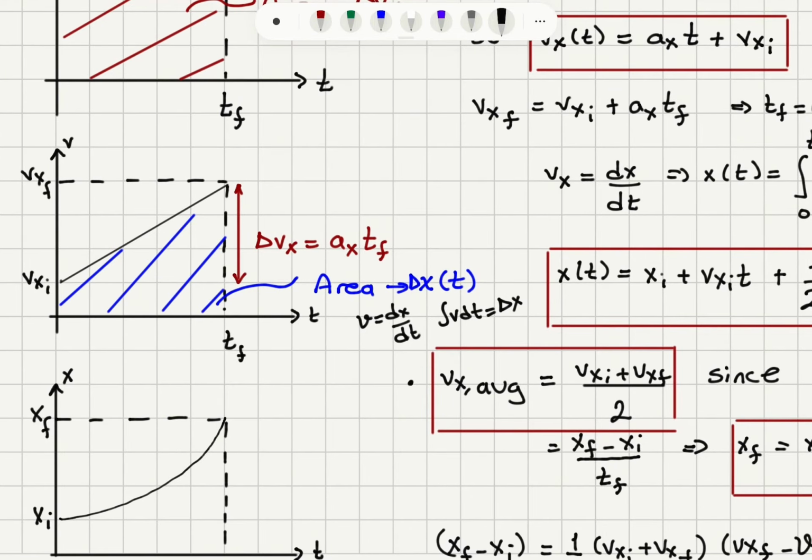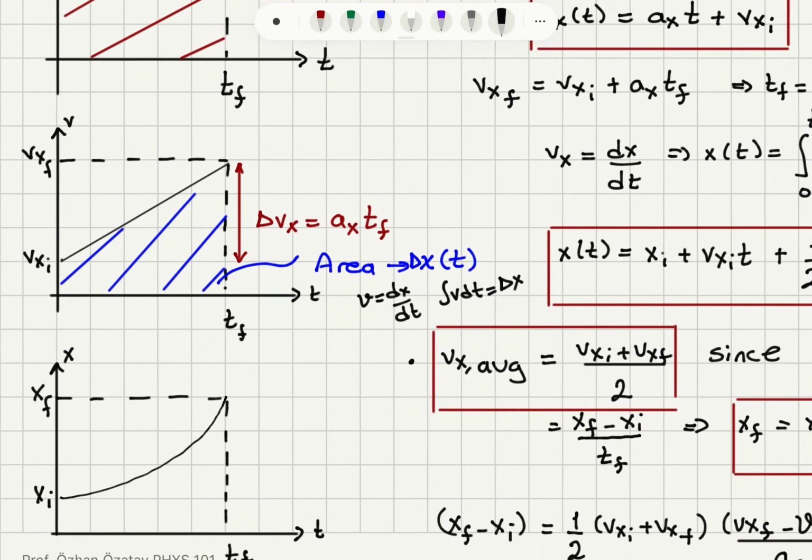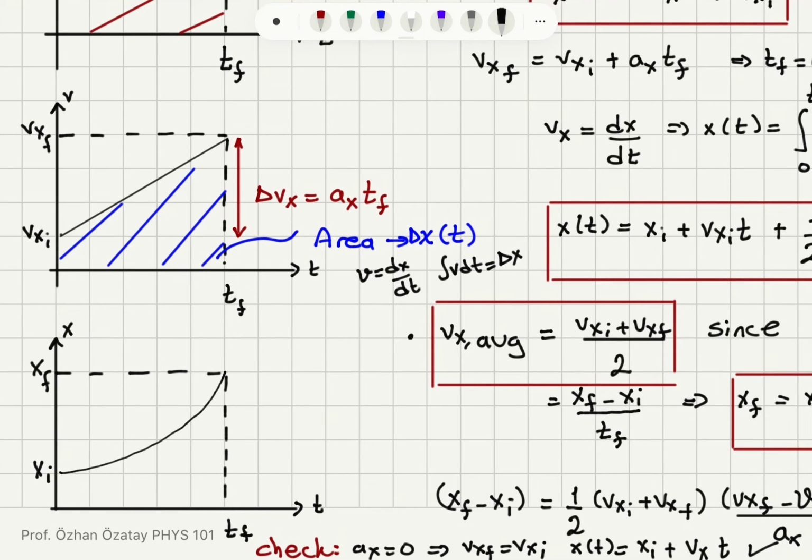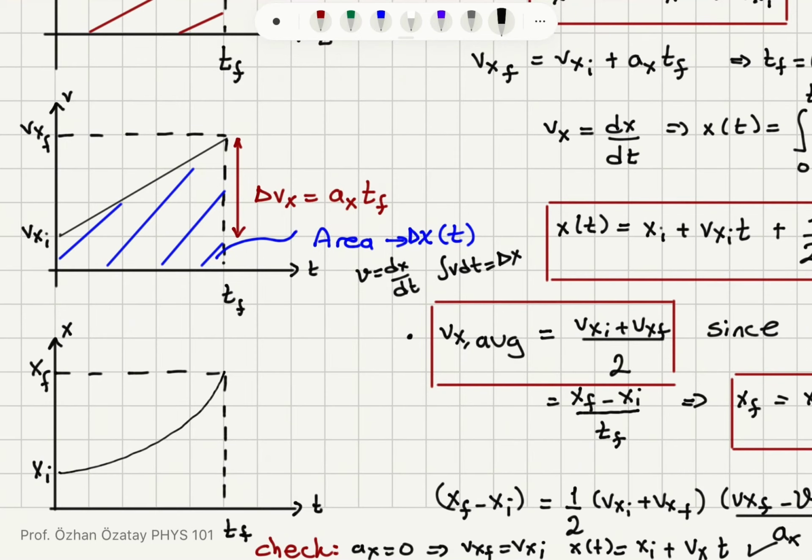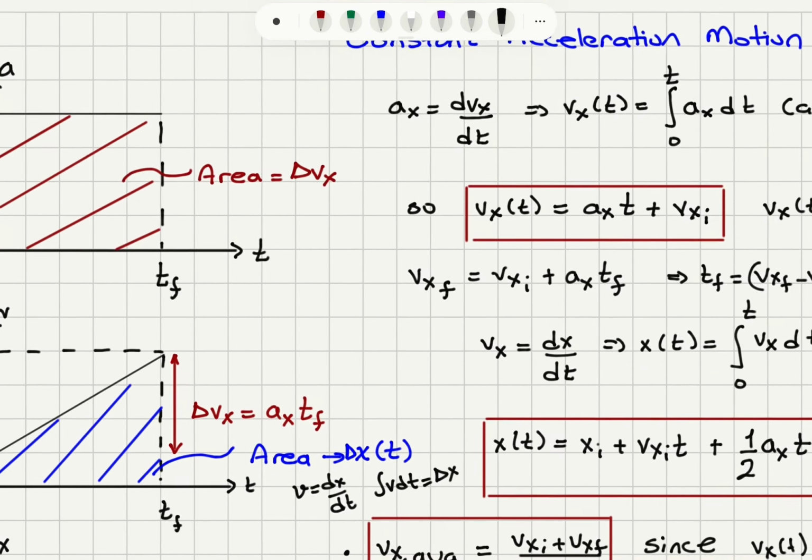The area under the velocity versus time graph gives us the change in the position. And since I have a linear change in velocity, and the position is related to velocity by the integral of v dt, you will find that the integral of at will be 1 over 2 at squared. So you will have a parabolic change in the position. So this will be our corresponding xt plot.